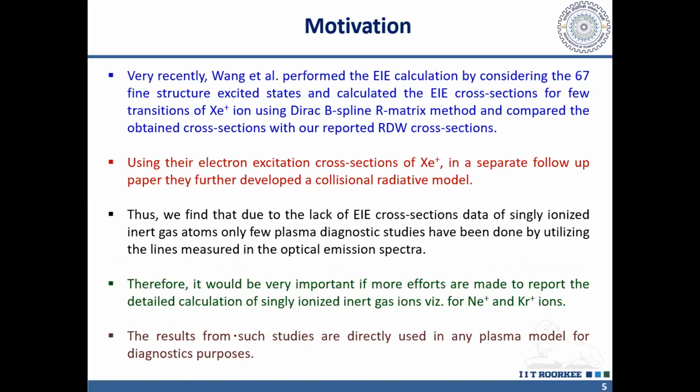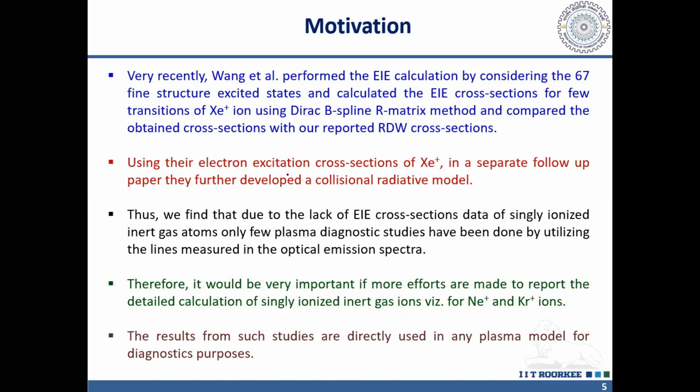Very recently we did a detailed relativistic distorted wave calculation for the xenon plus ion, and in addition Wang et al. also performed the electron impact calculation for fine structure excited states using the Dirac B-spline R-matrix method, and using the calculated cross sections they further developed a collisional radiative model.